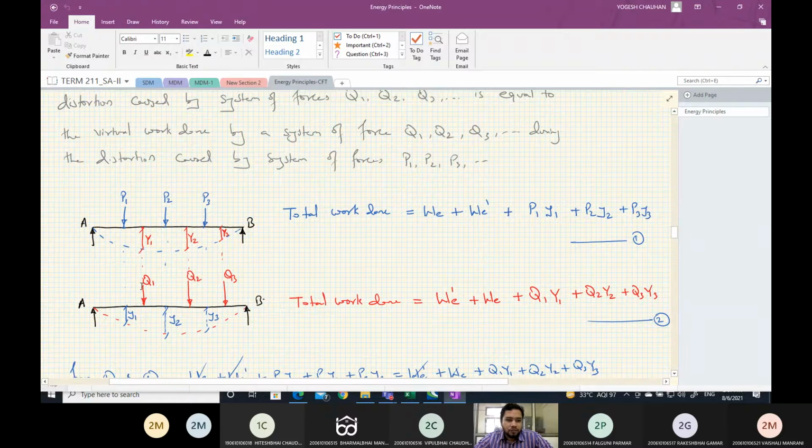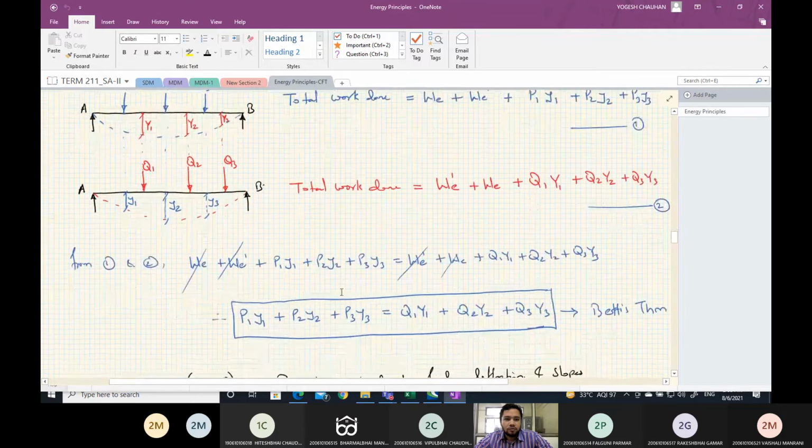Similarly, when the system of forces Q1, Q2, Q3 acts on beam AB, the work done will be WE dash, the work done by the system of forces Q1, Q2, Q3, plus WE, the work done by the system of forces P1, P2, P3, plus Q1 Y1, Q2 Y2, Q3 Y3.